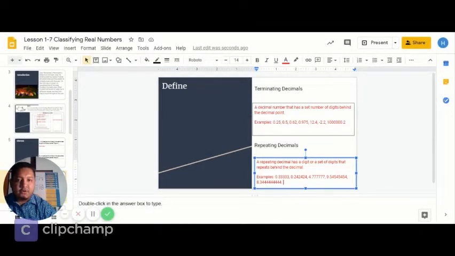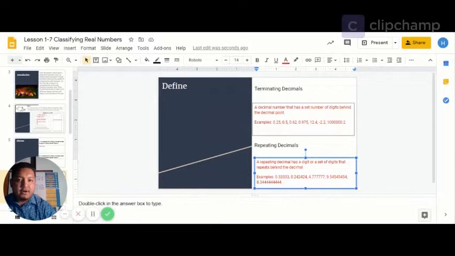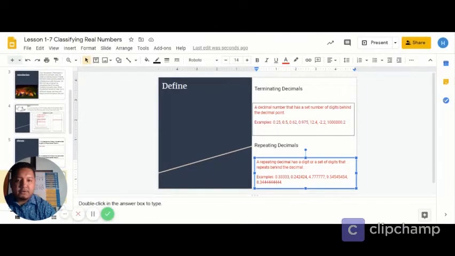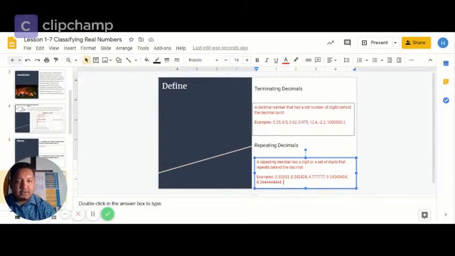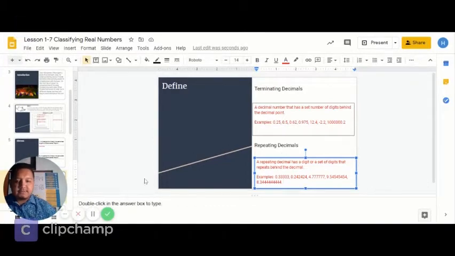For 0.242424, you are going to write 0.24, but with the bar notation above the 24. For the last one, 8.3444, you're only going to write the bar notation above the 4 and not the 3, because the 4 is the only number that repeats.